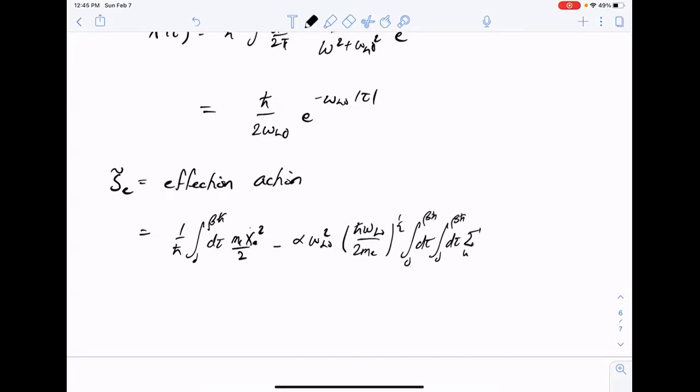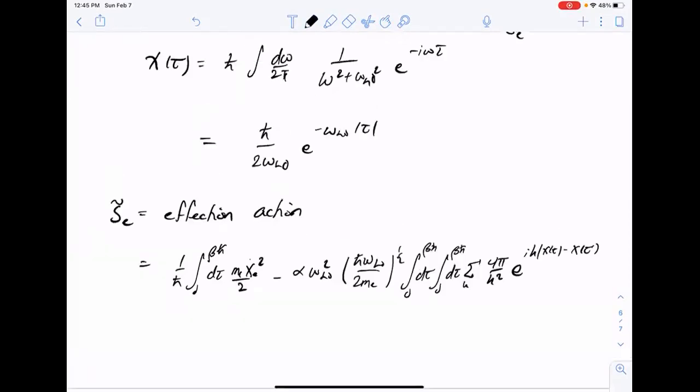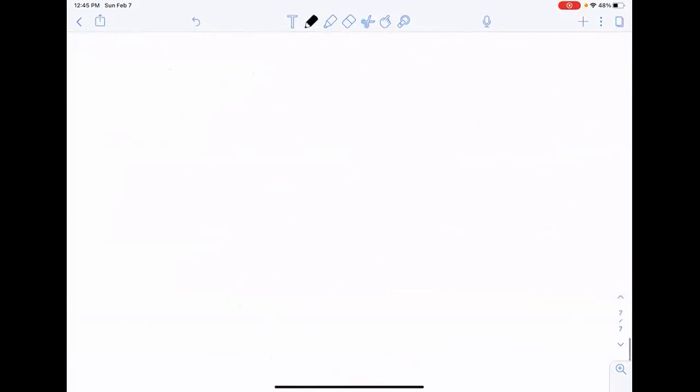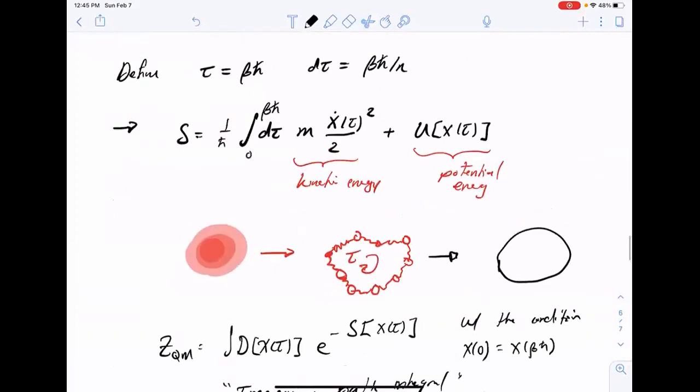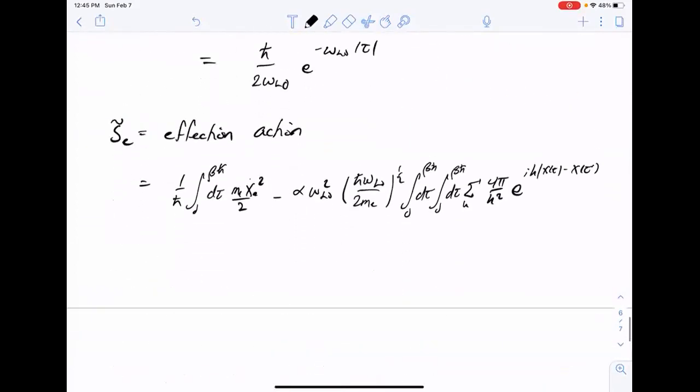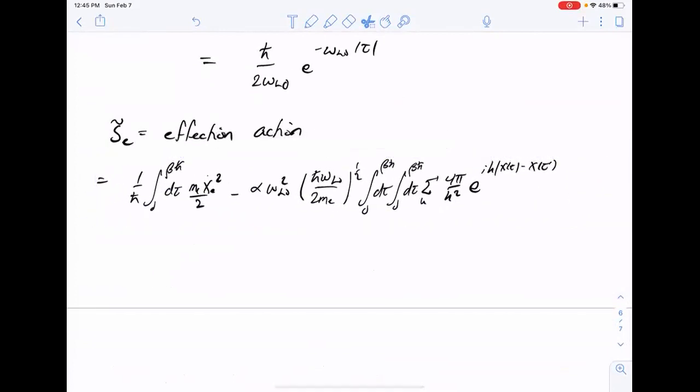Sum over k, 4 pi over k squared, e to the i k times x of tau less x of tau prime. Sorry, let's give myself a little more space.